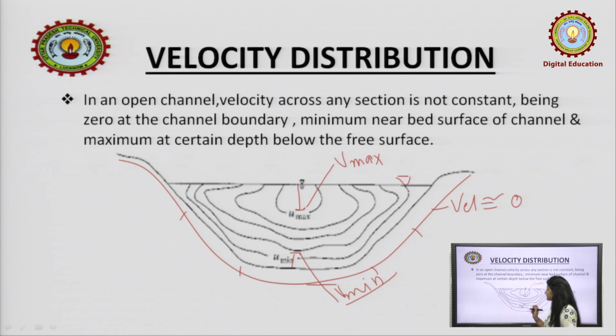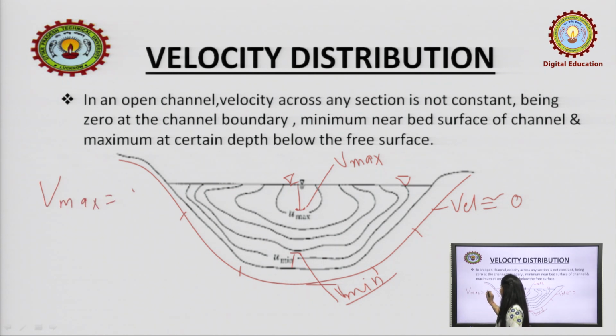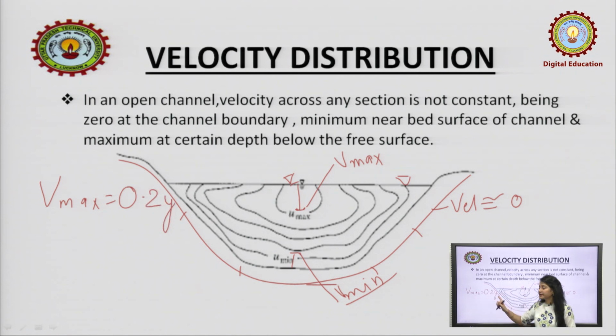And V maximum has been calculated in several studies by different hydraulicians. After a certain depth from the free surface we achieve maximum velocity, and through data analysis, V max is found to be at 0.2 of y. For any channel having a depth of y, if we cover its 0.2 depth, we will achieve V max.